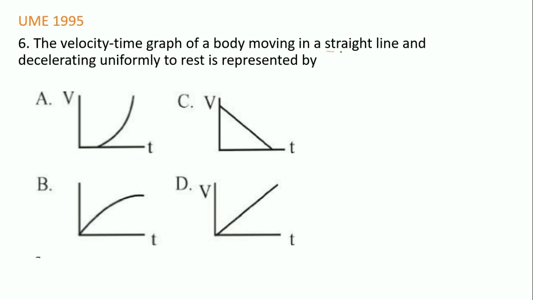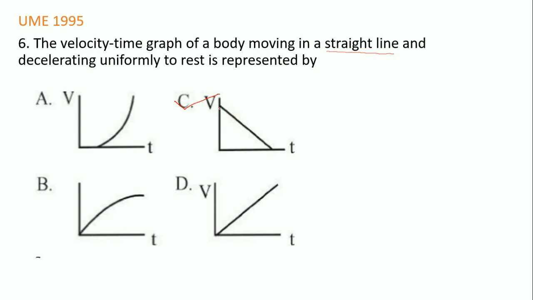That means motion in a straight line. So don't let this confuse you. It's just what this whole topic is about, motion in a straight line. Now the velocity time graph, decelerating uniformly. If it is decelerating uniformly, then you know that the answer is option C, because it is decelerating uniformly.